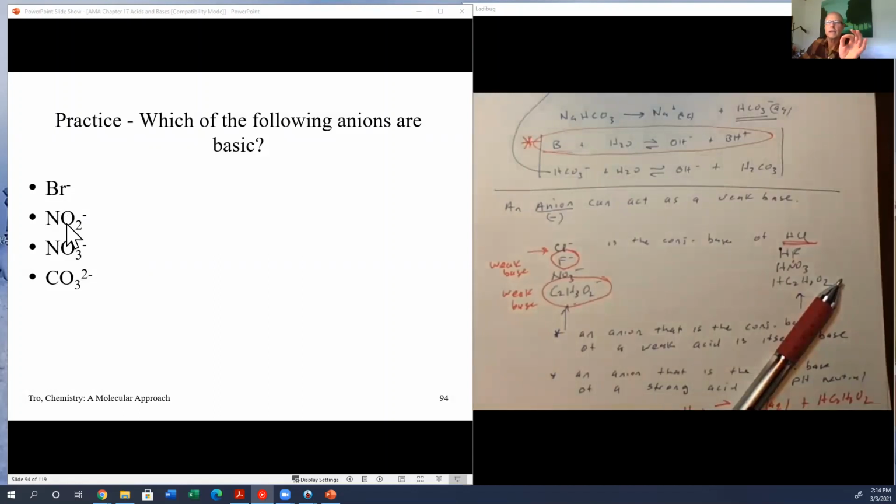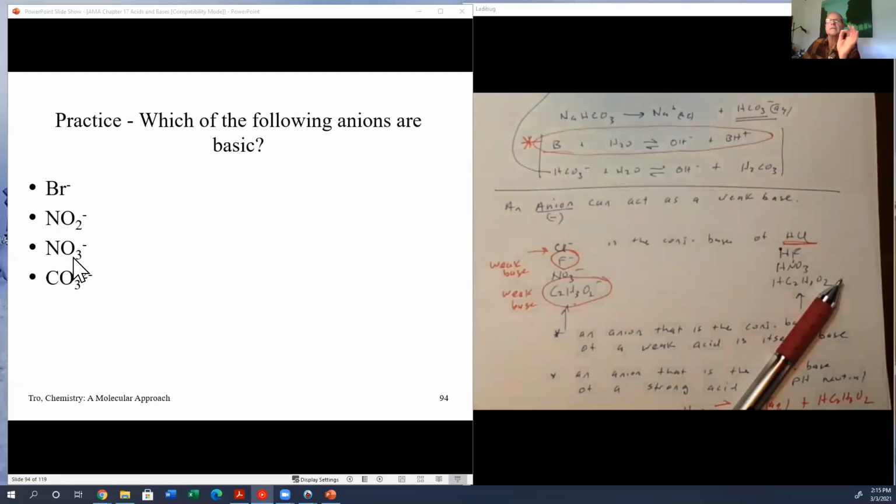How about NO2 minus? Yes, that is a weak base. It's the conjugate base of HNO2, nitrous acid. Nitrous acid is a weak acid, so NO2 minus is a weak base. What about NO3 minus? Neutral or weak base? Neutral, right?